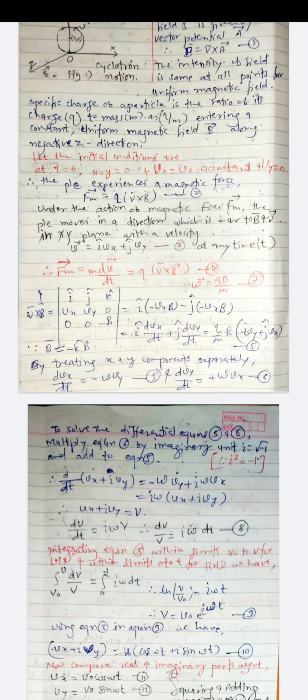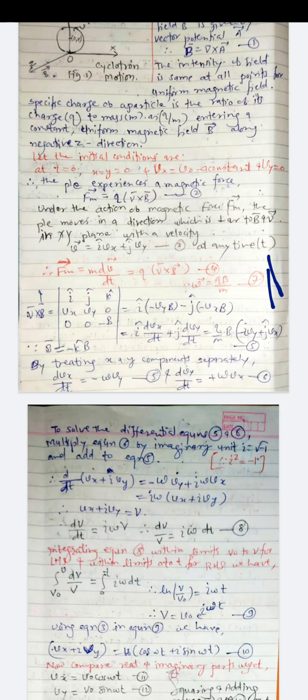It is compared in the present situation as the force is expressed in equation 2, and therefore F bar equal to m times dv bar by dt equal to q times v bar cross B bar, and therefore omega bar equal to qB upon m. It is our equation number 4.